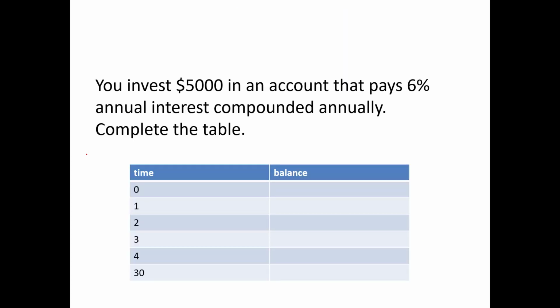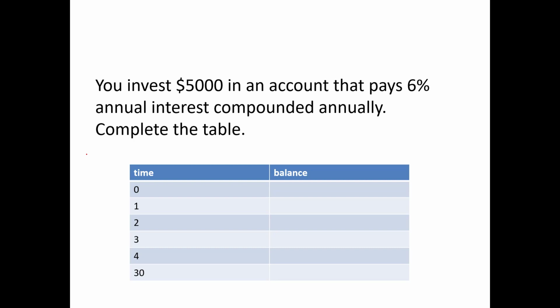So the point of that example and the previous formula is the usefulness of this new formula: every time you go through a compounding, you simply multiply by 1 plus r, right?